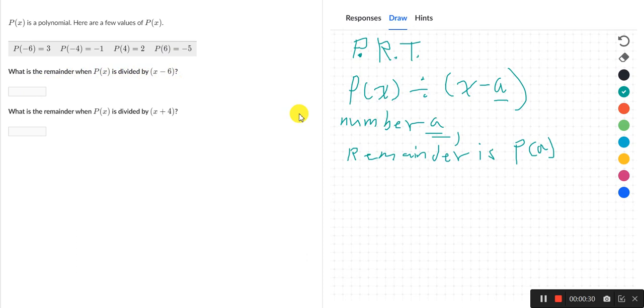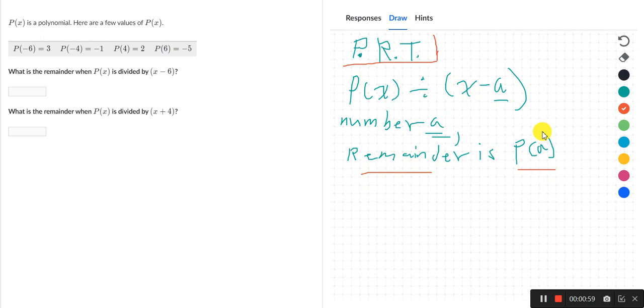What you need to remember is the polynomial remainder theorem. It tells you that for a polynomial p of x and a number a, when the polynomial is divided by x minus a, the remainder is p of a.